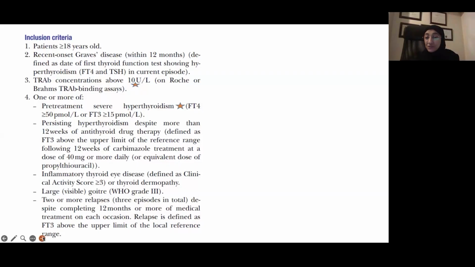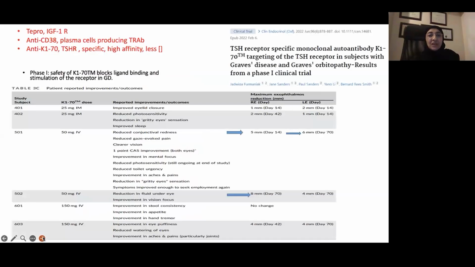That defines severe Graves' disease. So this medication was in its first stage, hoping to see good results and promising outcomes.